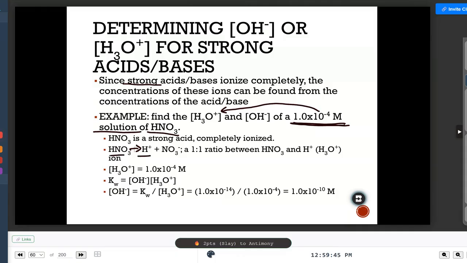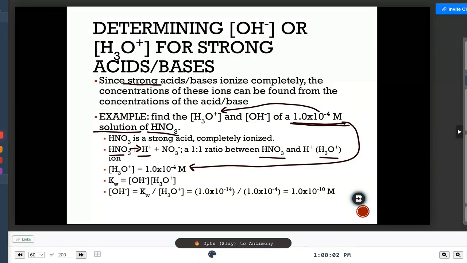And so that's why you can say that the concentration of the HNO3 is equal to the concentration of the hydronium ions. And so in this case, you see that this 1.0 times 10 to the negative fourth, we can go ahead and plug it into our hydronium ion concentration so that we can get our answer. We get our K value and we have our formula, and then we plug it in to get our answer for the concentration of hydroxides.